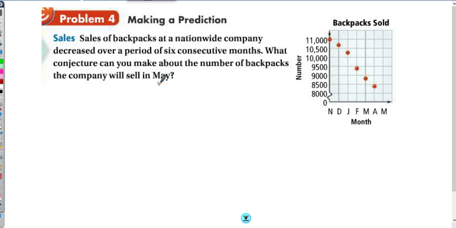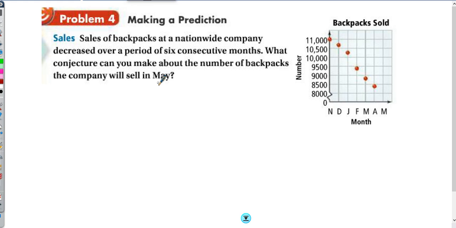So we can make a conjecture that it's going to go down about 500, right? Because that seems to be the pattern with taking out the outliers. So if April is, we'll say 8,500, it'll be about 8,000.